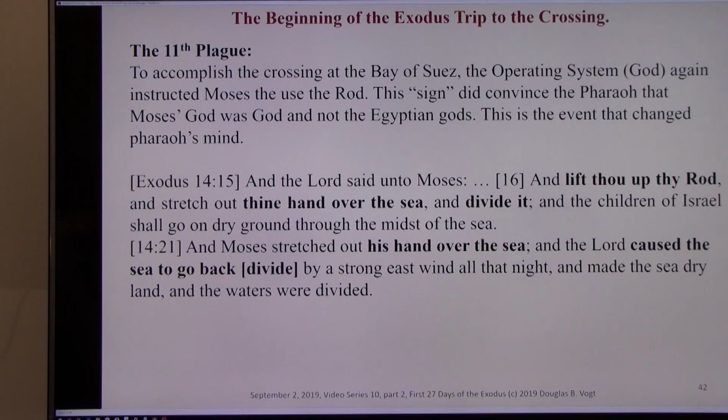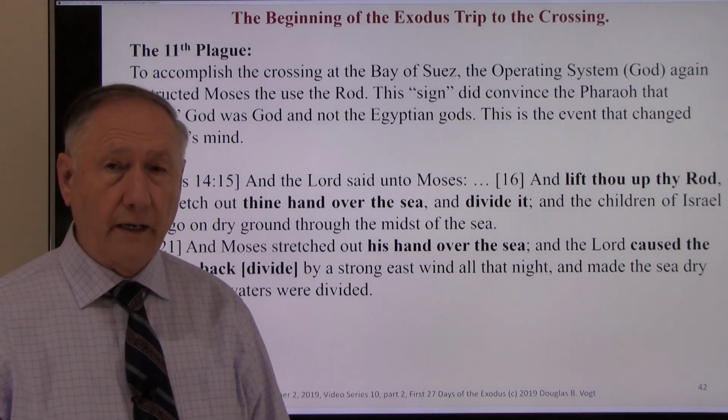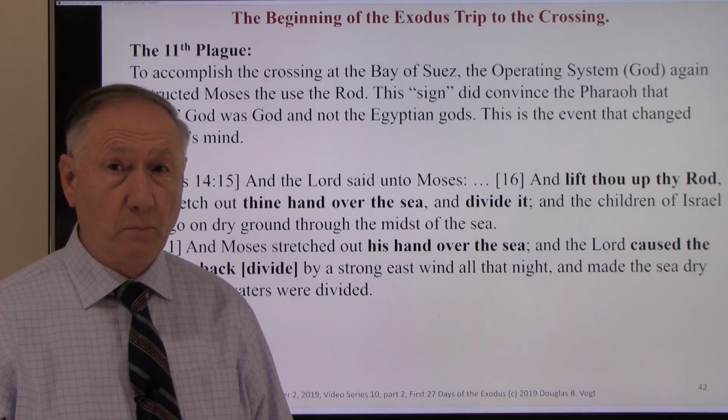And Moses stretched out his hand over the sea, and the Lord caused the sea to go back, divide, by a strong east wind all that night, and made the sea dry land, and the waters were divided. He gave a command to the rod to divide the waters, and they split.